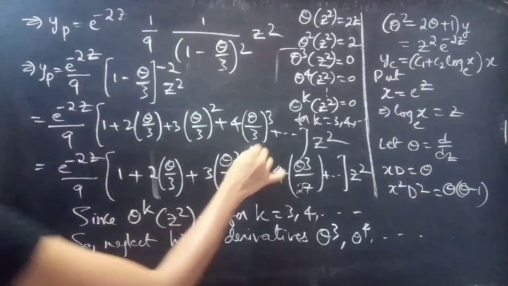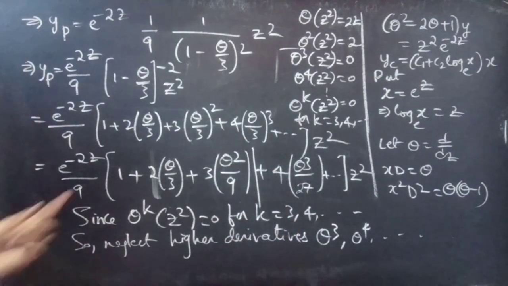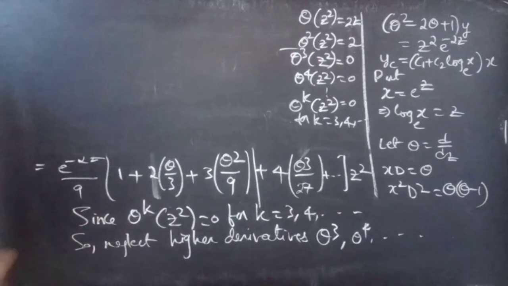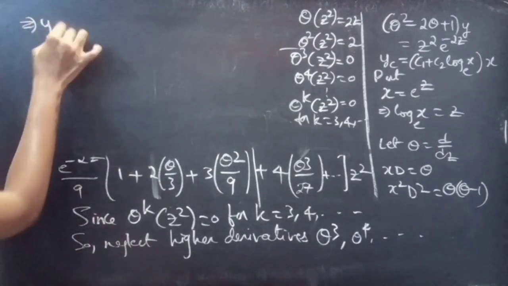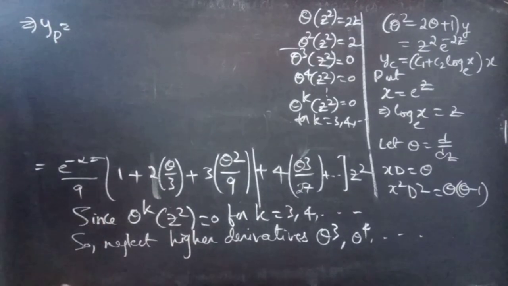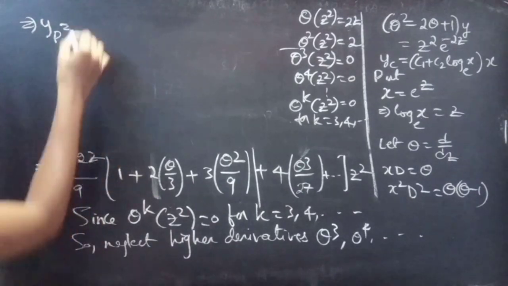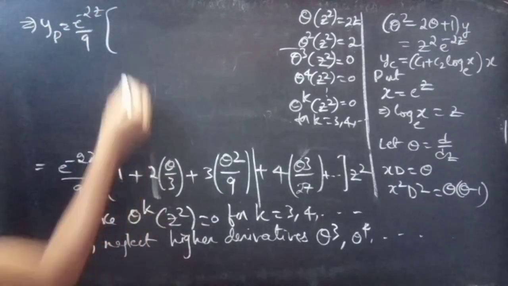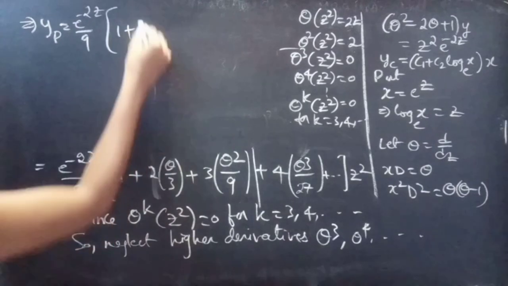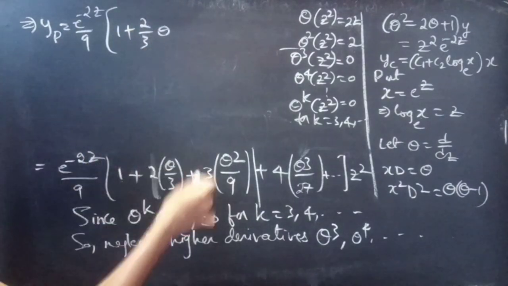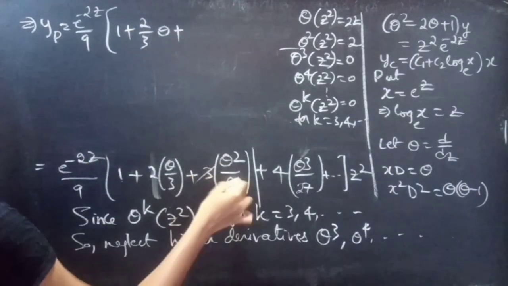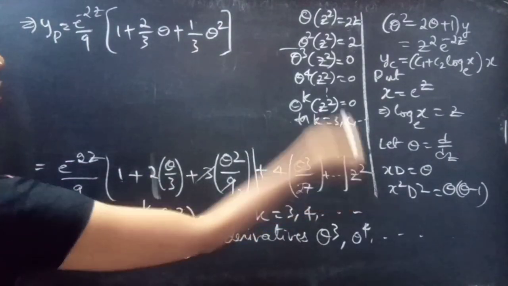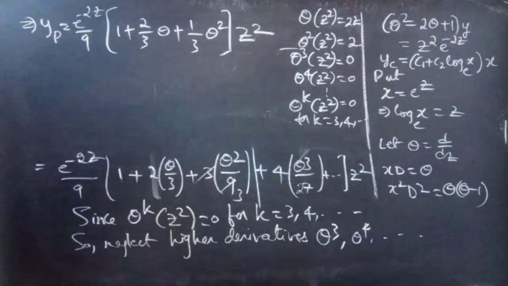So we'll neglect all the terms from here and write only the first 3 terms. Then yp becomes e power minus 2z by 9 into 1 plus 2 by 3 into theta plus 3 1s are 3, 3 3s are 1 by 3 into theta square of z square.